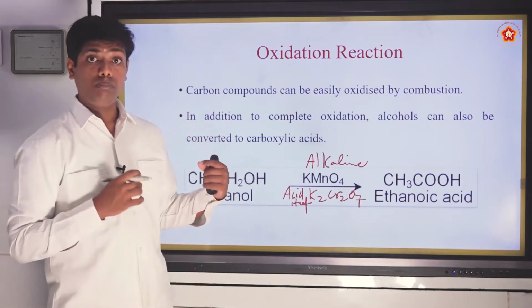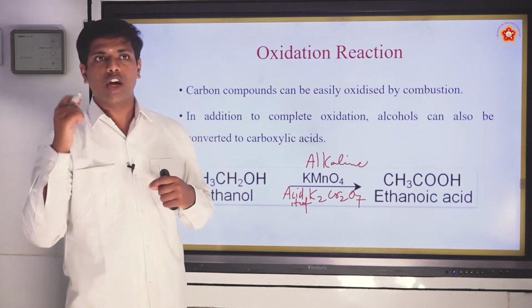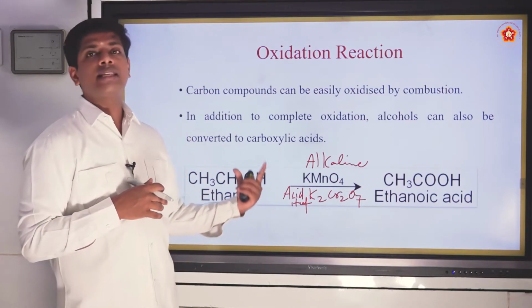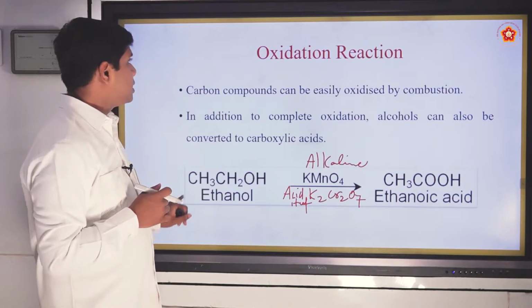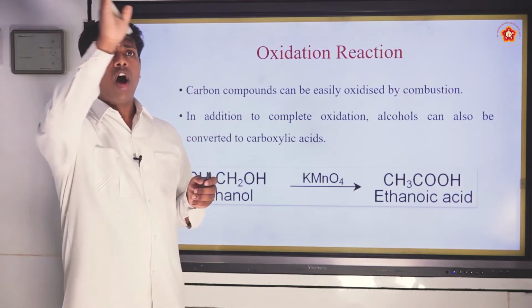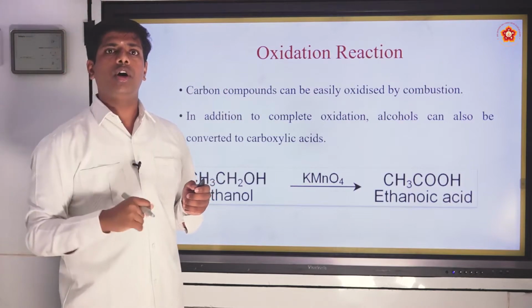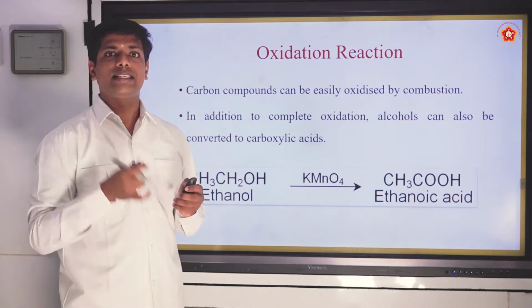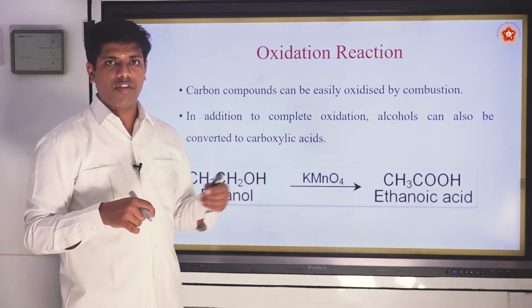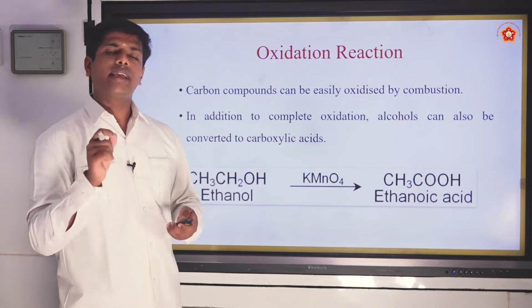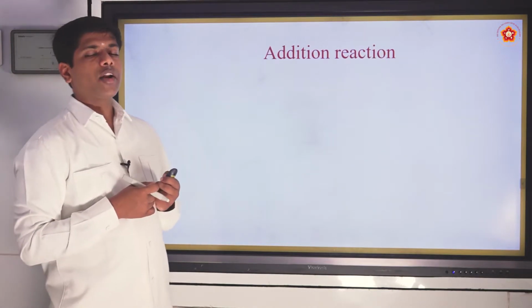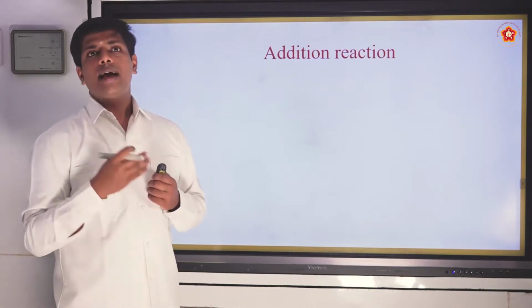This is very important. They may ask, how do you convert alcohols into carboxylic acid? You have to write this equation. This is about oxidation reaction. You have to remember, alcohols are converted into carboxylic acids by alkaline KMnO4 or acidified K2Cr2O7.